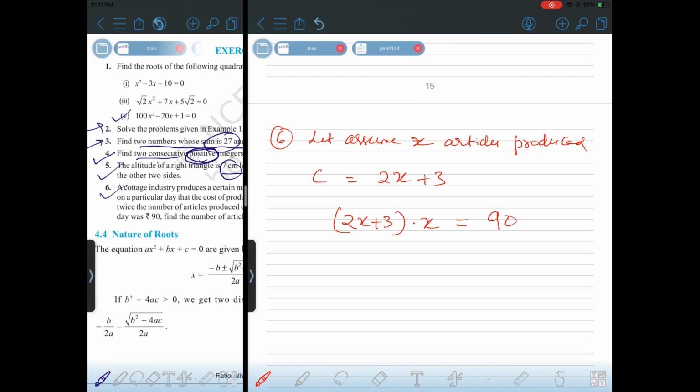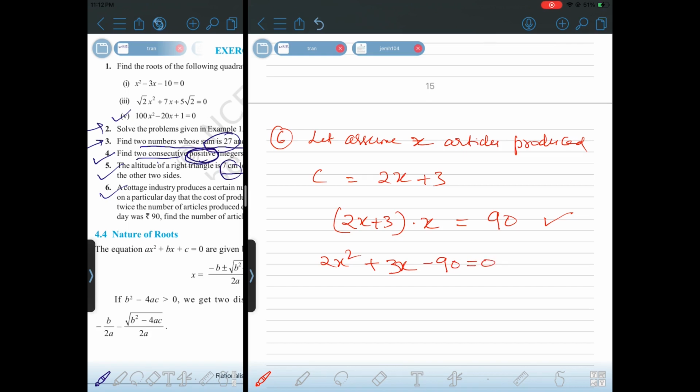So if you multiply the number of articles into the cost of one article, we get the cost of production. That is our equation. Once you solve this, you will get the value of x, the number of articles. So let me multiply inside. It becomes 2x squared plus 3x, and bringing it to the left hand side, minus 90 is equal to 0.